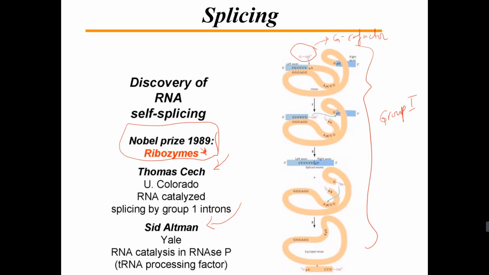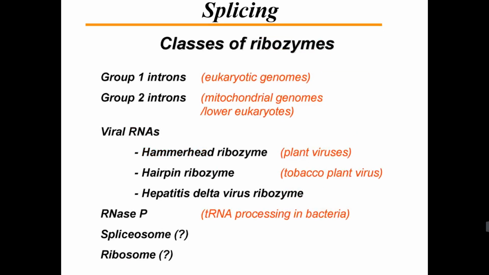We can define different classes of these ribozymes, and we've talked about the group 1 and group 2 introns very briefly. So what is a ribozyme? If you think back to the first lecture of the course, when we defined the different types of RNA, we did bring up the definition of ribozymes.